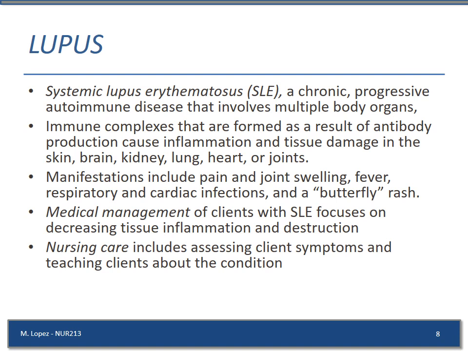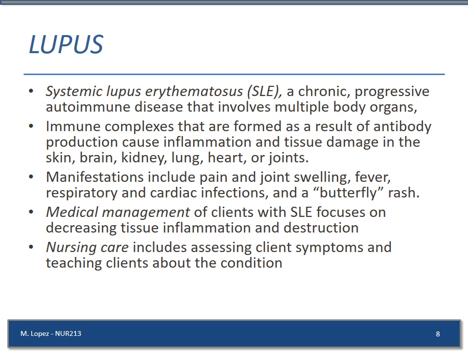Now, medical management of people with lupus will focus on decreasing tissue inflammation and destruction. And we'll also focus on monitoring for any damage to cardiac, neurologic, renal, pulmonary, and hematologic systems.